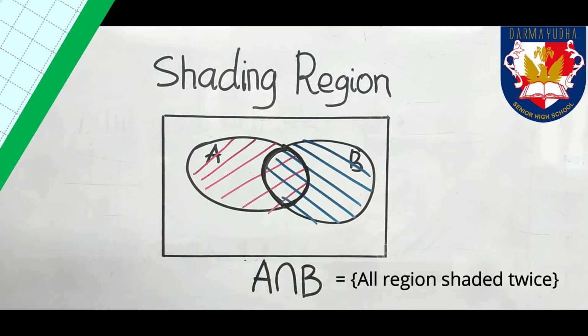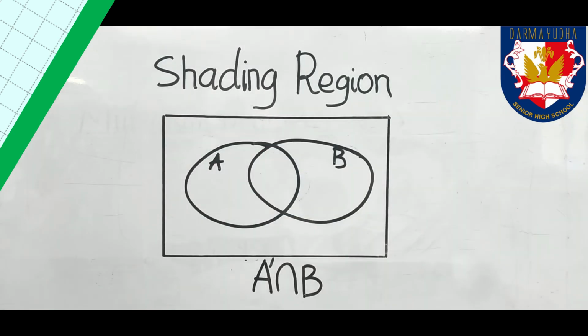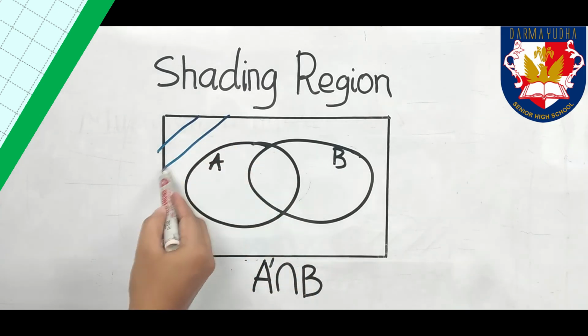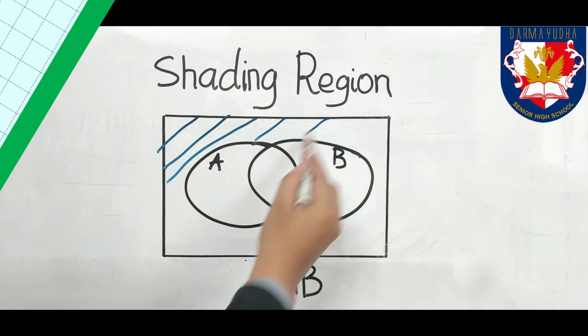Remember, got shaded twice. Shading region A complement intersection B. First, we need to shade A complement, which means we shade all the region outside of set A, all the region outside it. So we're shading it.